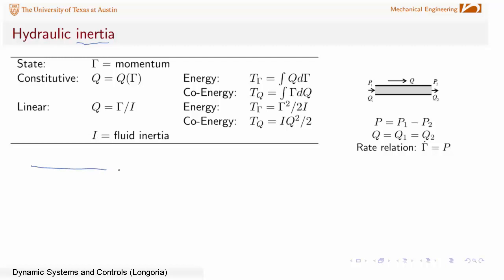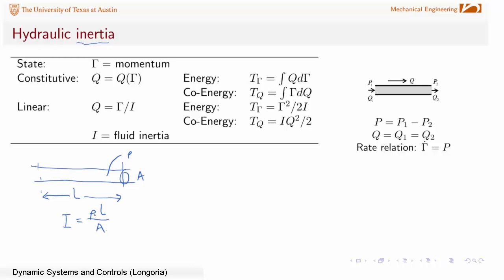For a typical pipe, if you have a pipe segment, say, of length, let's say that's some area, and let's say the fluid is incompressible, the fluid inertia for those cases can be easily computed given the density, the length, the volume, and the area.